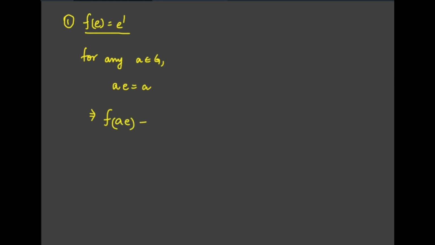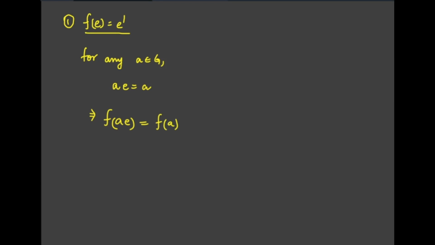So the first one, we have to show that f(e) = e'. So for any a belonging to G, we can write ae = a. Now operating the homomorphism f on both sides, f(ae) = f(a).